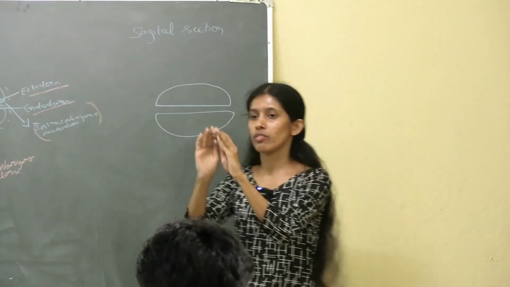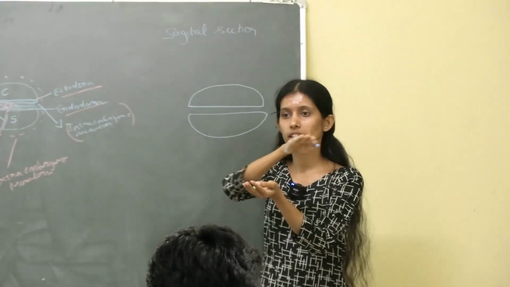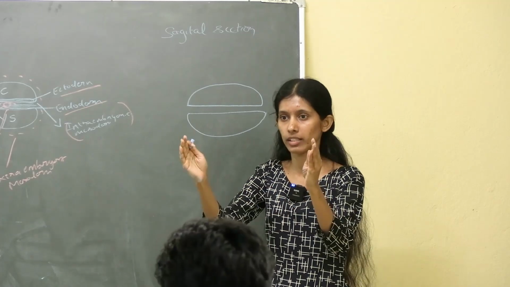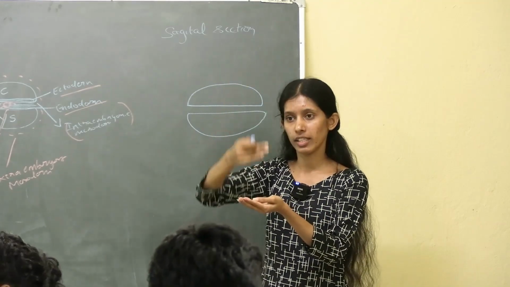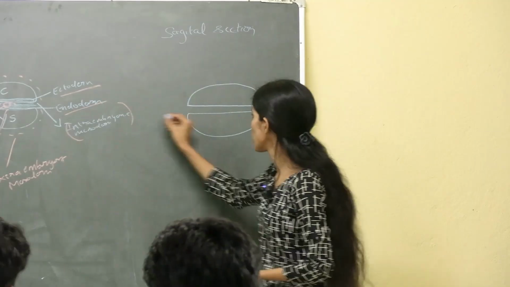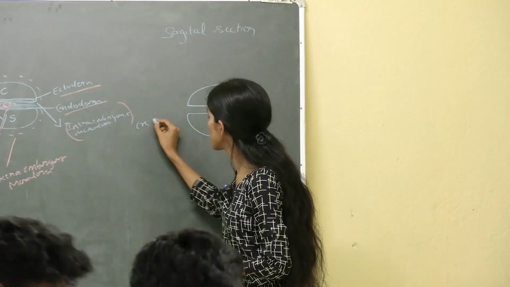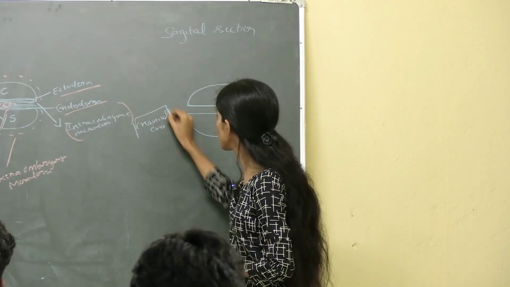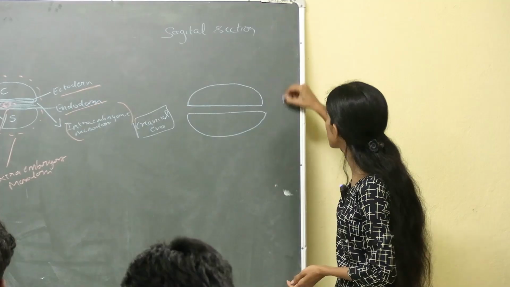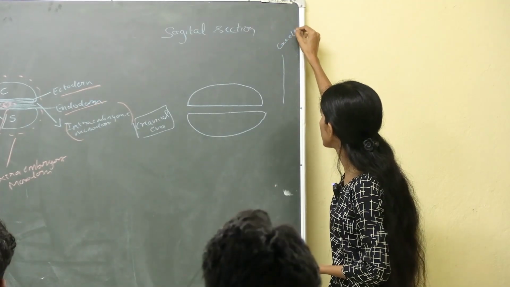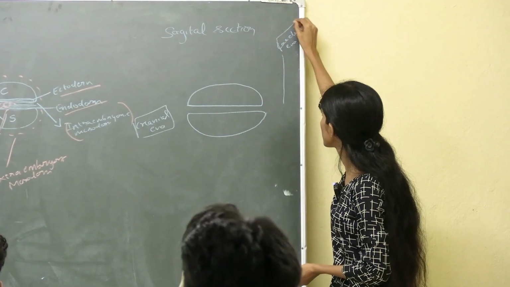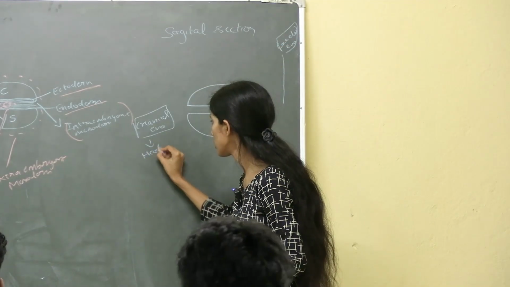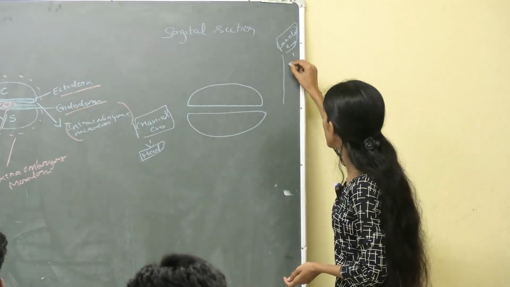We have an embryo in sphere shape and we are taking a section like this, that is lengthwise, from one end to the other. Cranial we have taken like this. Okay, so this is your cranial end and this is your caudal end. I can also use the words head and toe.